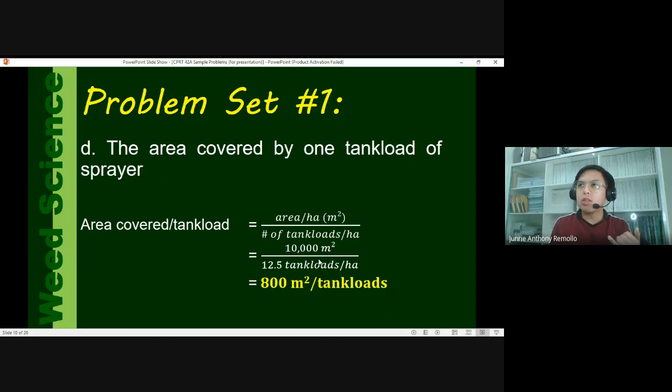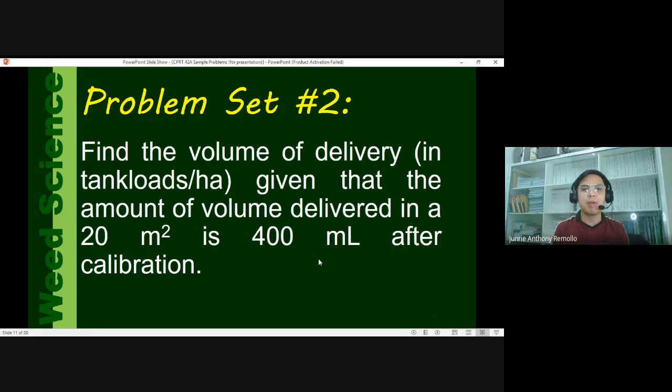You need to remember that in 1 hectare, there are 10,000 square meters, and that 10,000 square meters will be used in computing the area. So 10,000 square meters divided by 12.5 tank loads results in 800 square meters per tank load. Okay, so let's proceed to problem set number 2.